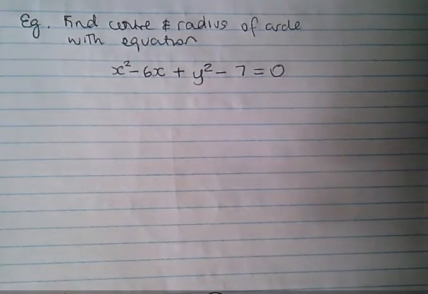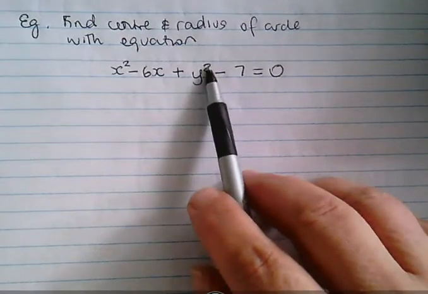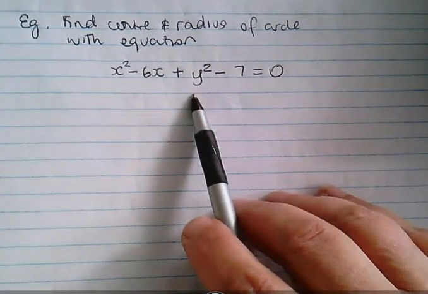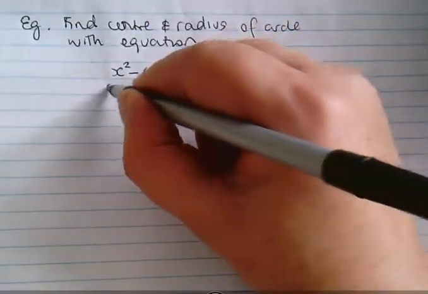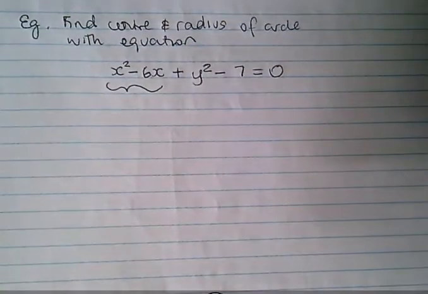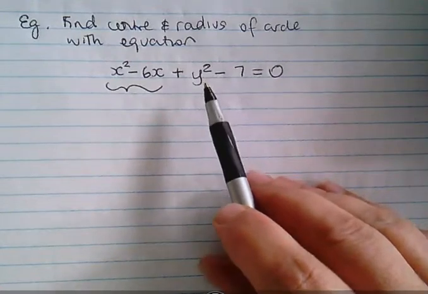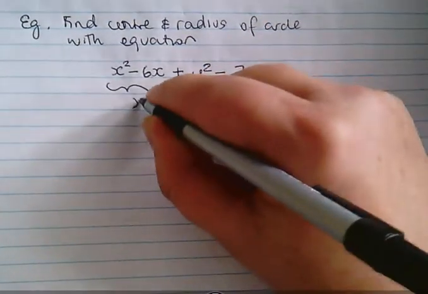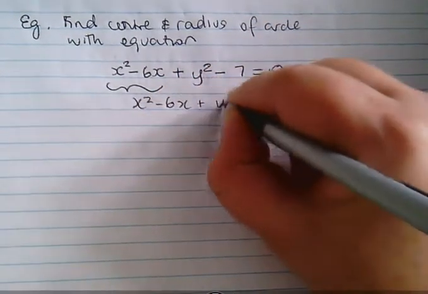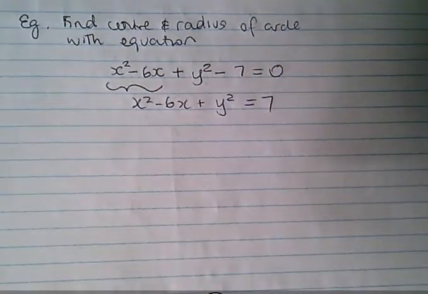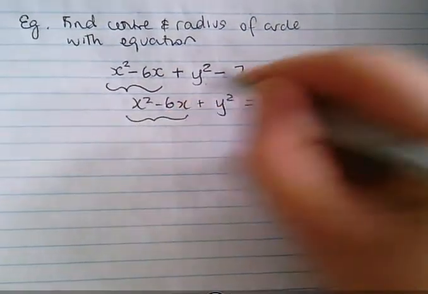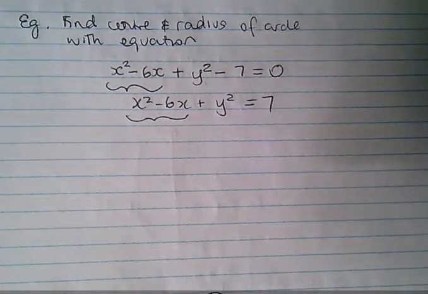Ready? Do I need to complete the square on the y squared? No, because you need to have an x squared and an x term. To be able to complete the square on y squared, I need a y squared and a y term, but I don't have a y term. So let me just start by taking the constant term over. I only need to complete the square on x squared minus 6x, okay?